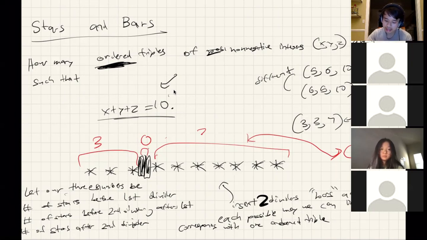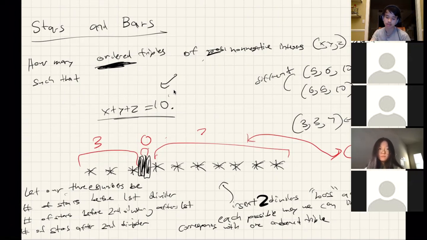So this idea of taking some problem that's hard to deal with and transforming it into a problem of placing dividers between stars, that's what stars and bars is about. We have these stars in a row, and we're placing bars among the stars to divide the stars up into different groups.